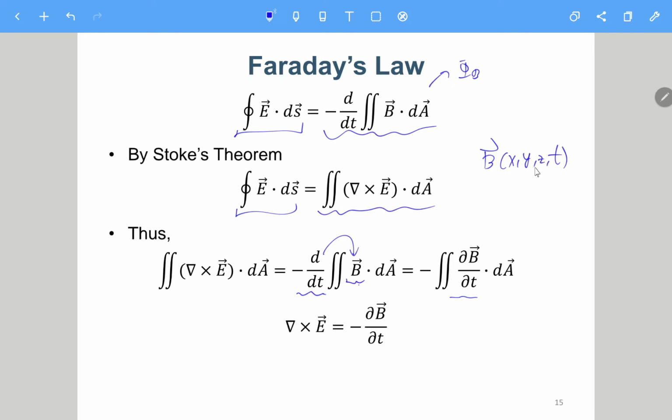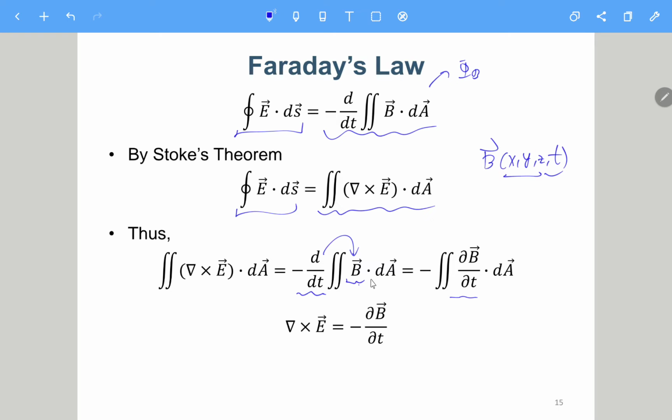It depends on the position; x, y, z are the position, and this is the time. For every point in space, if you plug in a certain x, y, z coordinate and also the time, then it defines the B field at that moment, at that position. So B should be a function of x, y, z, and t.